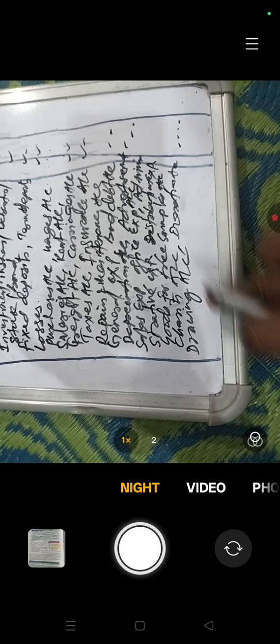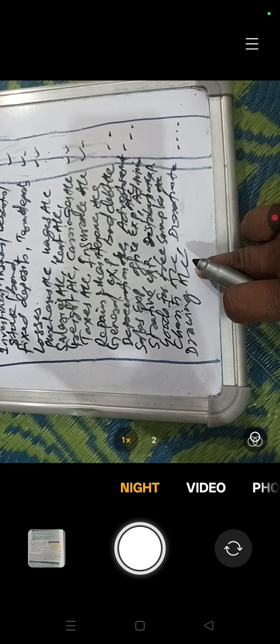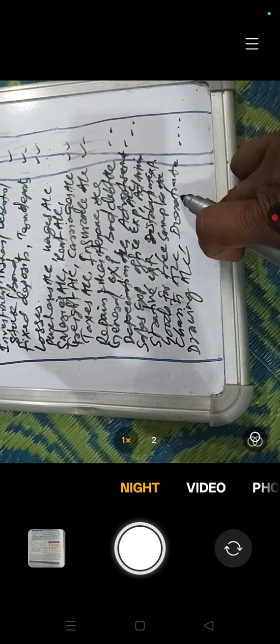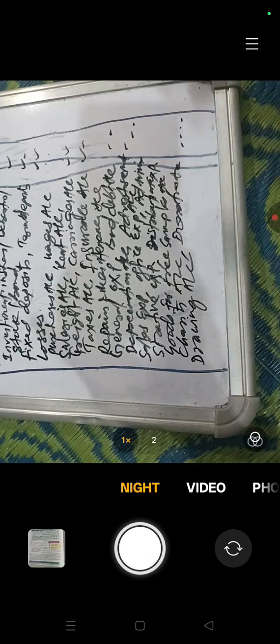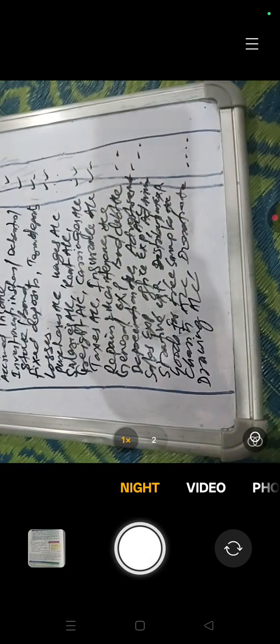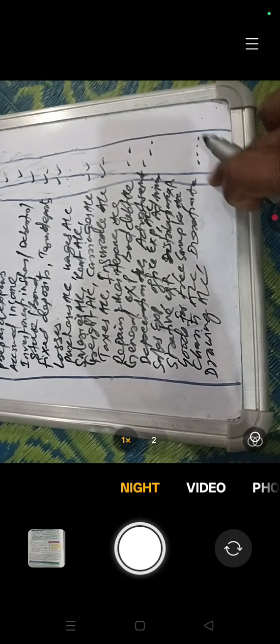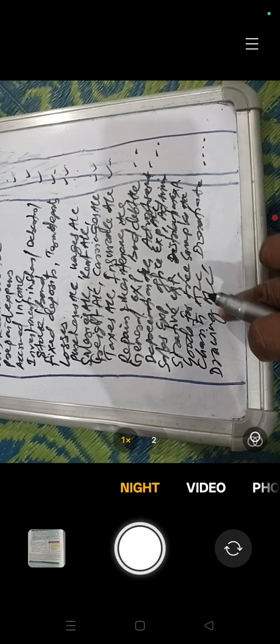Why is drawing account shown on the debit side? Because drawing account belongs to the capital account, but it is of the opposite nature of the capital account. Usually capital account has a credit balance, while drawing account has a debit balance. While preparing final accounts, drawing account is deducted from the capital.